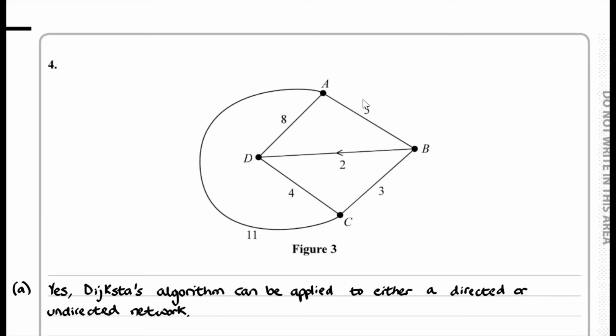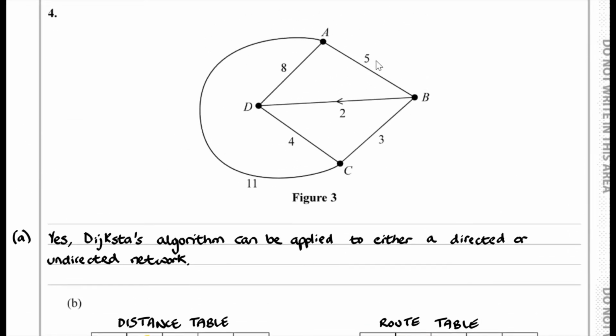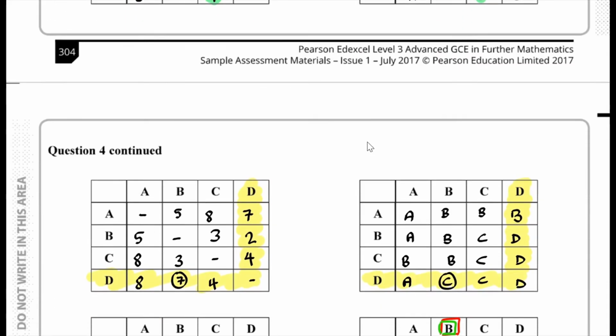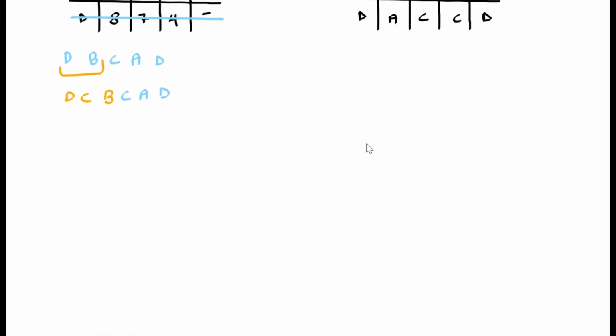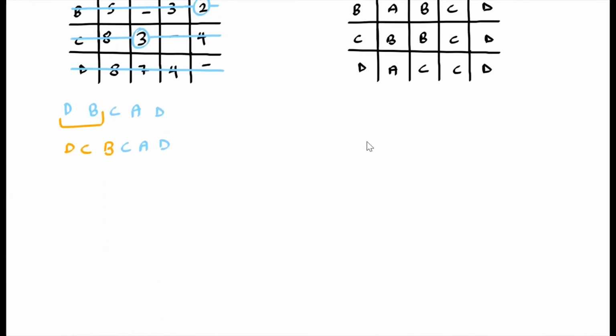Instead we can just go straight to A directly, and that has a length 5. So instead what we can have is D, C, B, and then we can go straight to A and then to D.